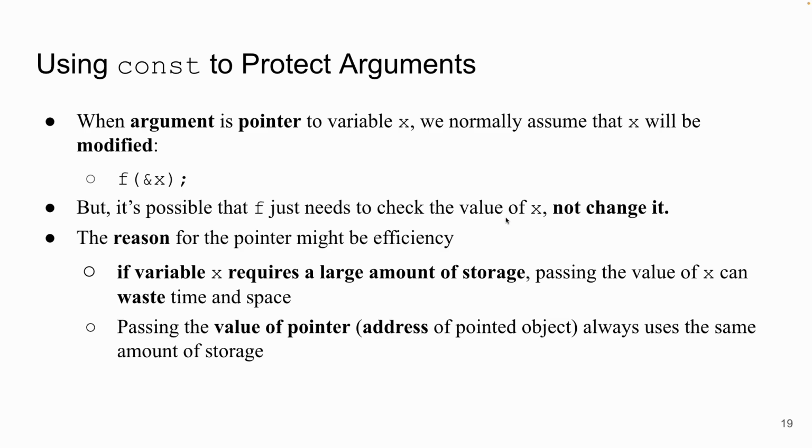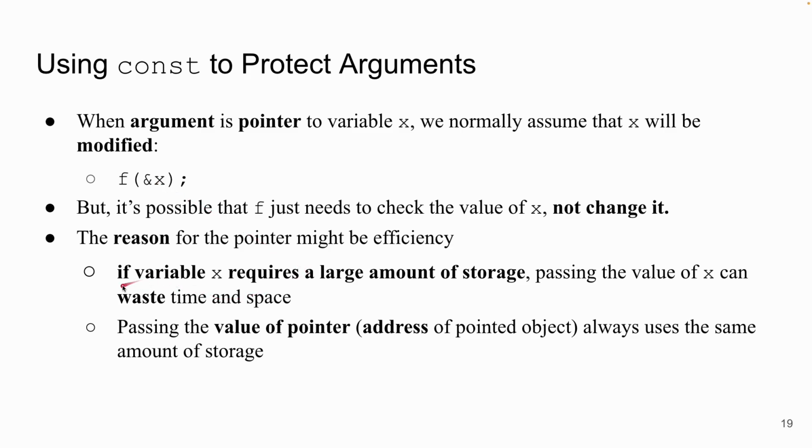However, you might think, okay, if I just need to check the value of x, why not just pass x? Why do I want to pass the pointer to x? So there are some advantages of passing a pointer to x instead of x for the purpose of checking the value of x.